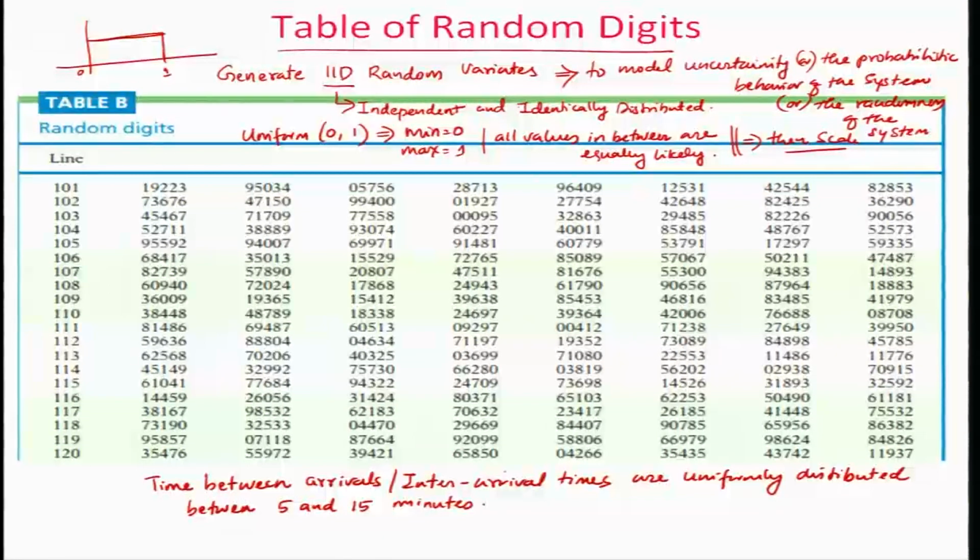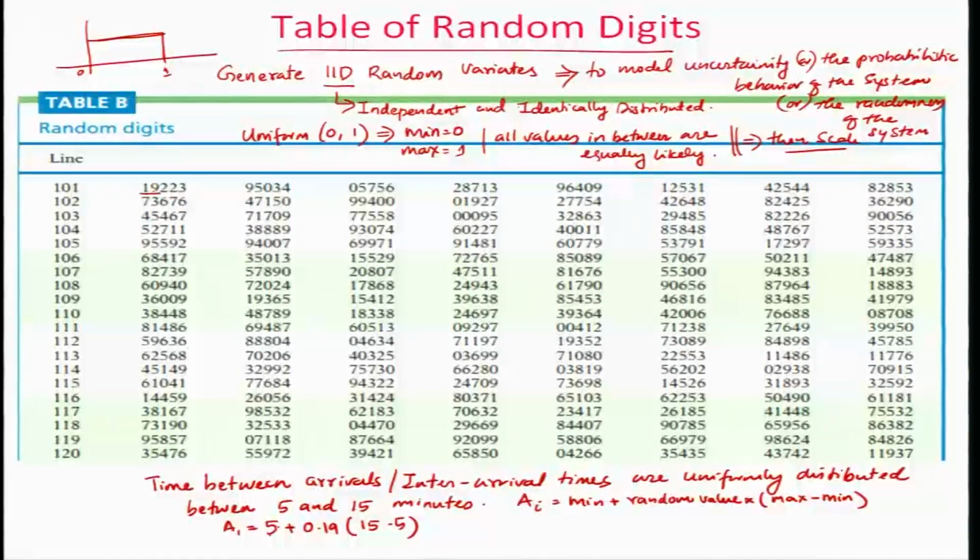Let's say I am going to take 2-digit accuracy. So I'll just take the first 2-digit value for the first arrival time. A1 will use the value 0.19. The equation is arrival time Ai is equal to min plus random value multiplied by maximum minus minimum value.